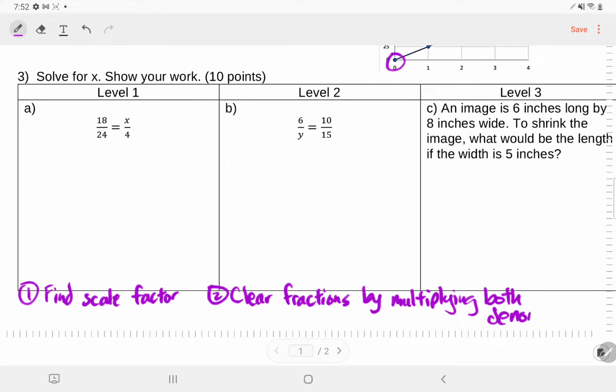And 3, once we clear fractions by multiplying both denominators, we will divide both sides to isolate the variable.